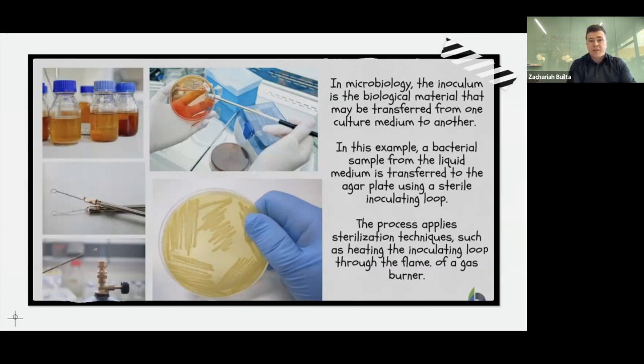It's important that this process is done in a sterile environment, because bacteria are small and there's bacteria all around us. And so we often use heating, flames from a gas burner, in order to keep this process sterile when we're handling both the liquid media as well as the agar.